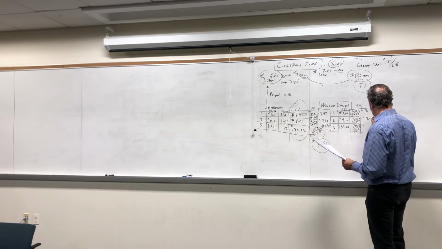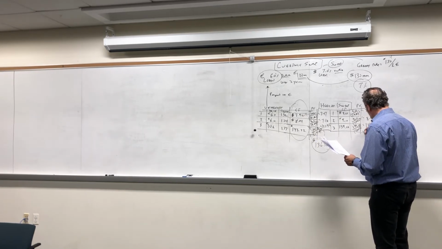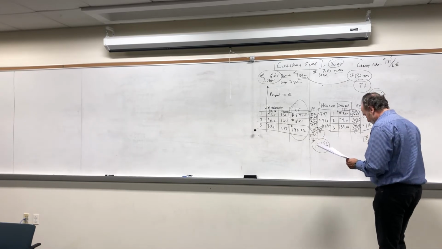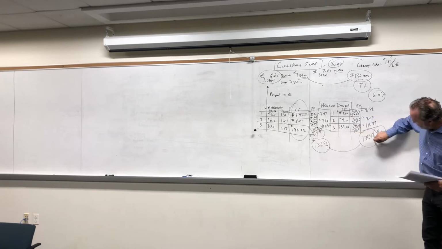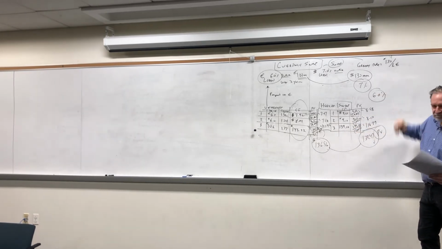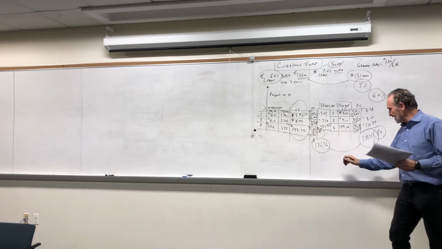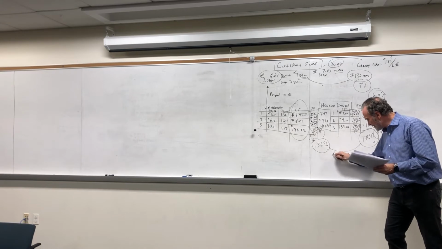Here I get 810, and here I get 116.79. If I add it, it is 133.47. So it looks like the benefit of swapping, even though you're paying higher, is better than if you don't swap. It's actually a benefit of $3.08.